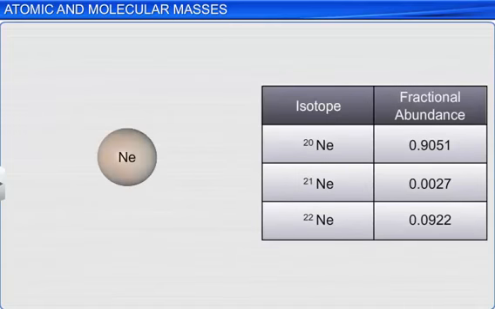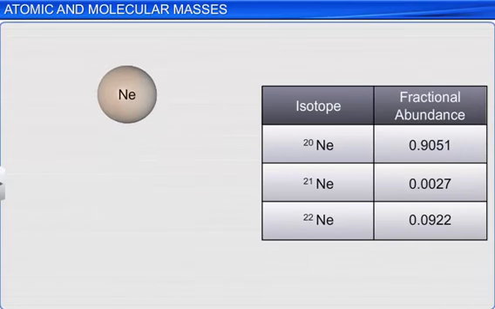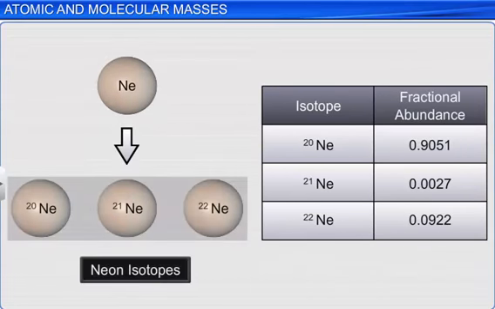For example, neon consists of 3 isotopes: neon 20, neon 21 and neon 22, which have mass numbers and fractional abundances as shown in the table.